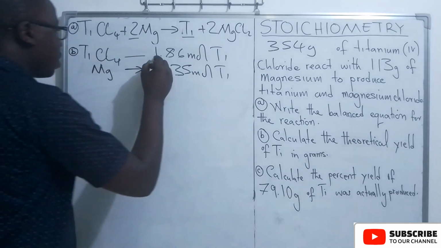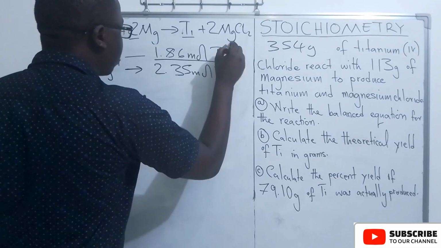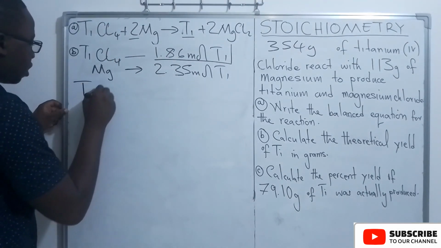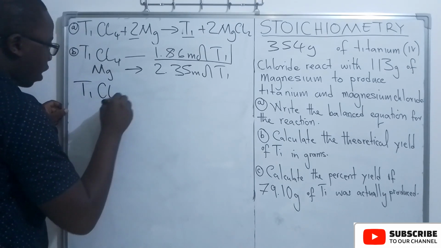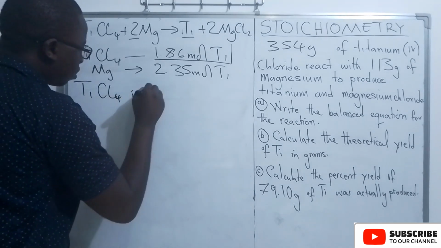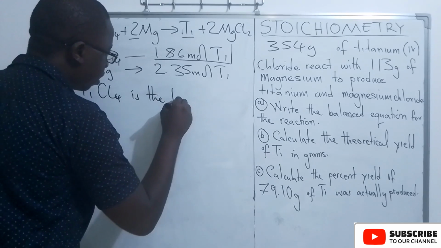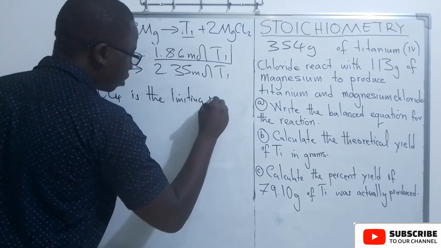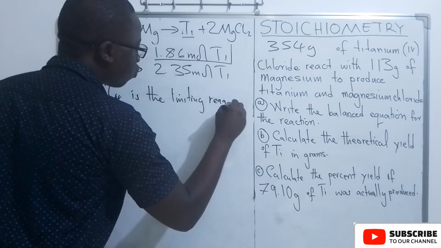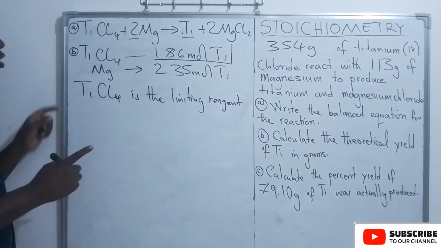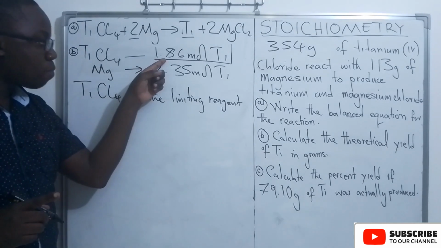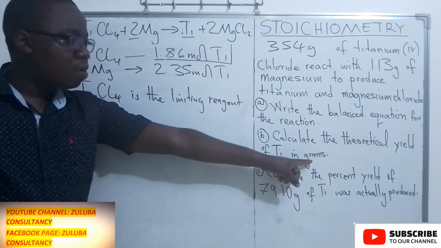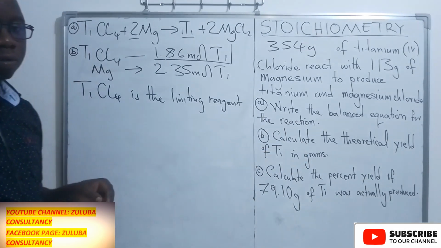You would agree with me that this is the smallest number. Hence, we can say titanium(IV) chloride is the limiting reagent. Now that we know the limiting reagent, we can use its number of moles to change into grams.